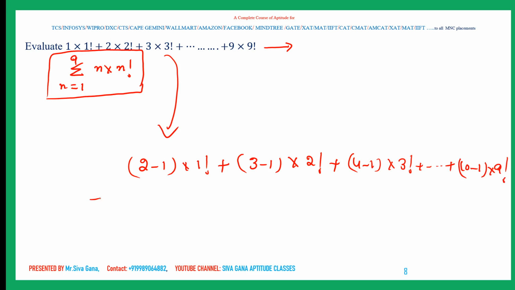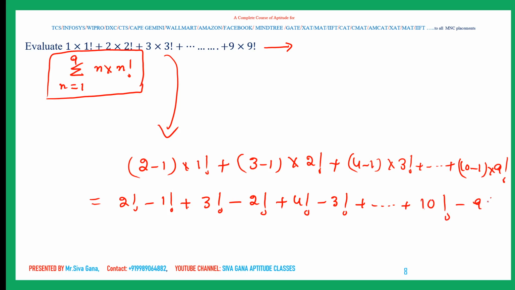So 2 into 1 factorial is 2 factorial minus 1 factorial, plus 3 into 2 factorial is 3 factorial minus 2 factorial, plus 4 into 3 factorial is 4 factorial minus 3 factorial, plus and so on, plus the last term will be 10 into 9 factorial, which is 10 factorial minus 9 factorial.